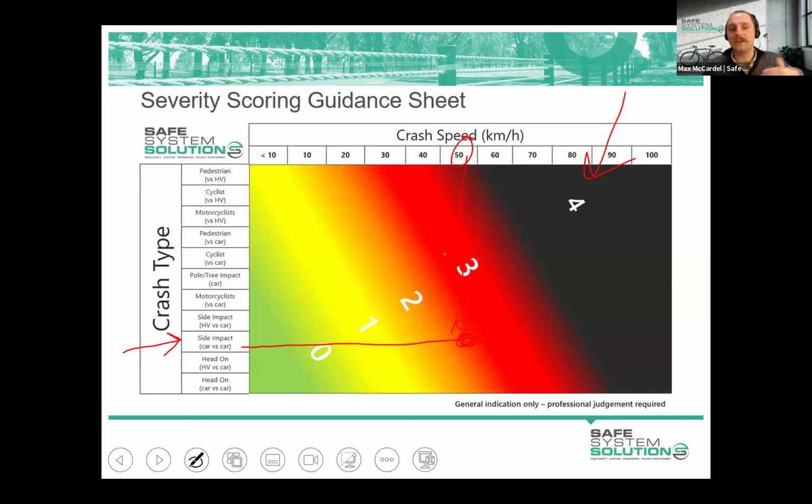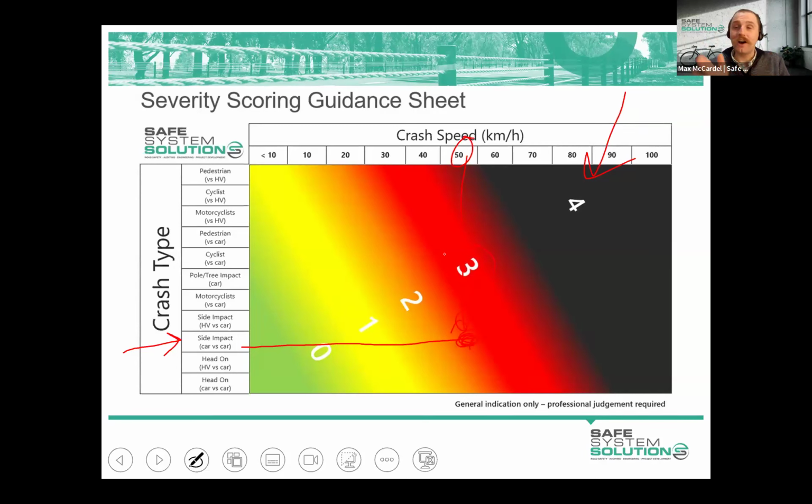So it's slightly on borderline 2 or 3, but that could be helping you determine, okay, well, perhaps for this intersection column, the severity row, I put down a score of 3 because I can reference this as a bit of evidence there. So very, very useful as you're just getting stuck into it. Have a look at this to help determine your scores.